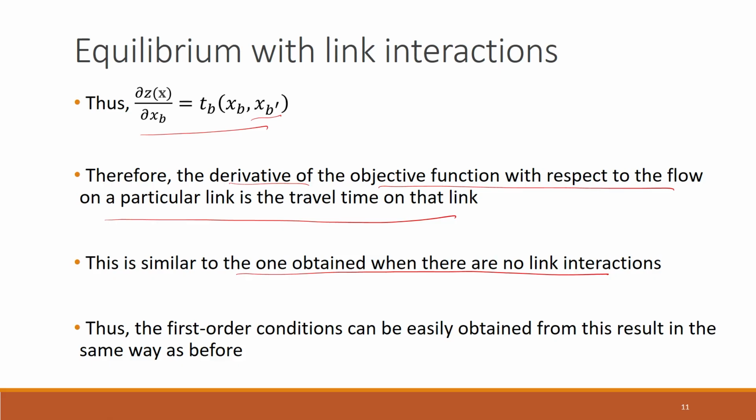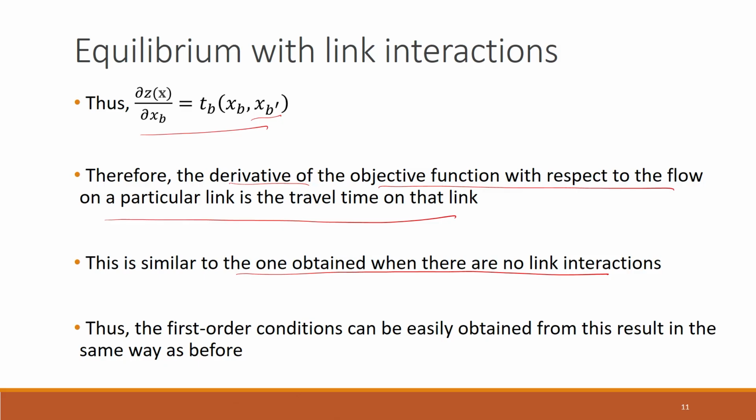Okay. So that is not presented here, and the only target was to show that the derivative of the objective function is coming out to be the same as it used to come out when there were no link interactions. So the first order conditions will follow in the same way.